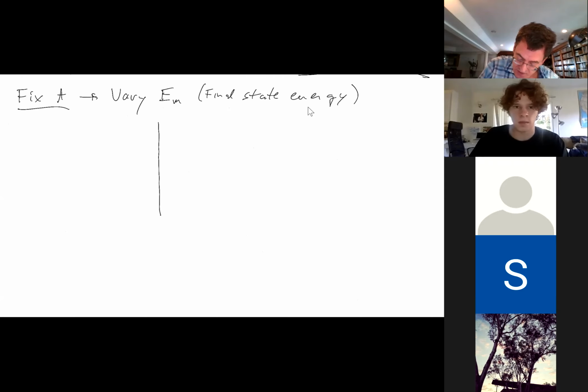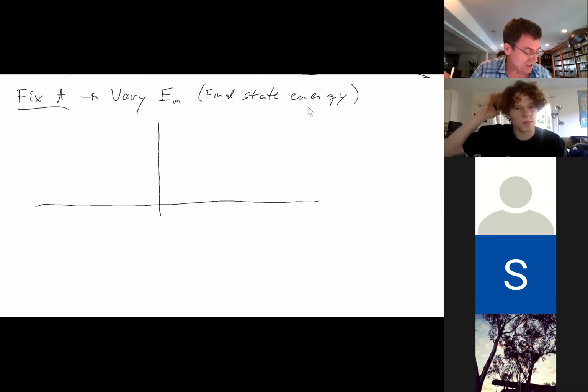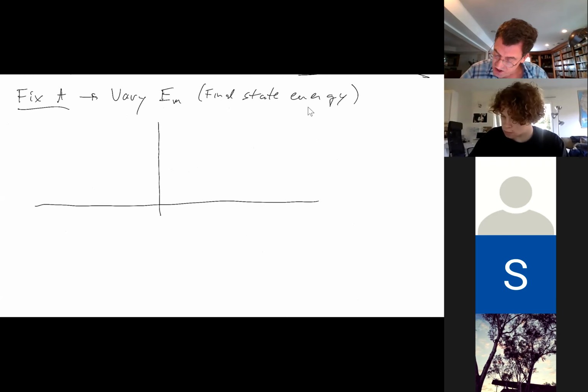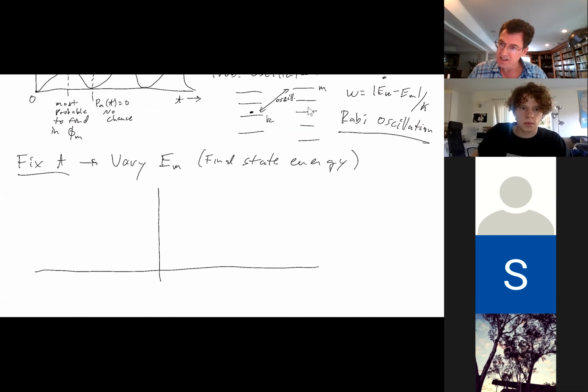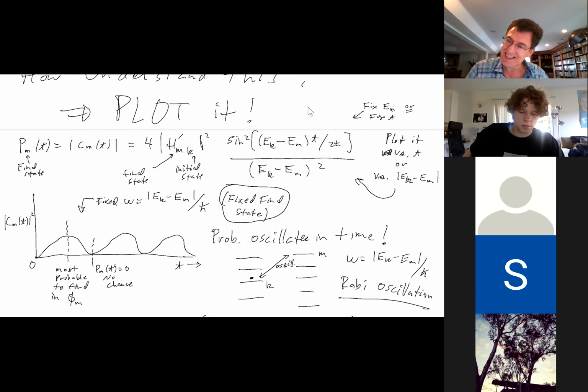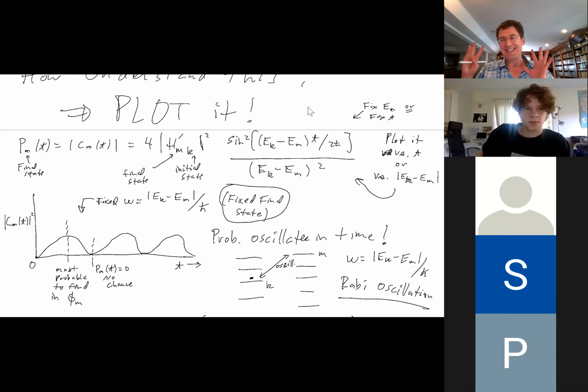And it should be familiar to you, because if you look at this function, I have sine squared of this thing over this thing. It should remind you of a function. It has a name. Do you guys know the name of the function? It sort of looks like this. When you look at this function, it has a name. Do you guys know what it's called? That's like the sinc function. Yeah, exactly.